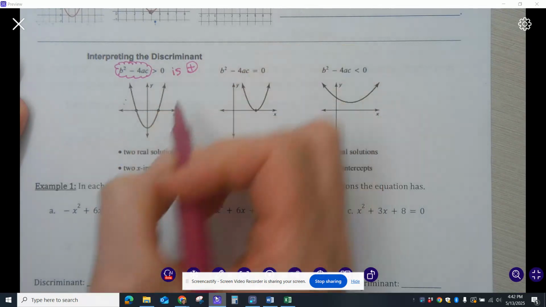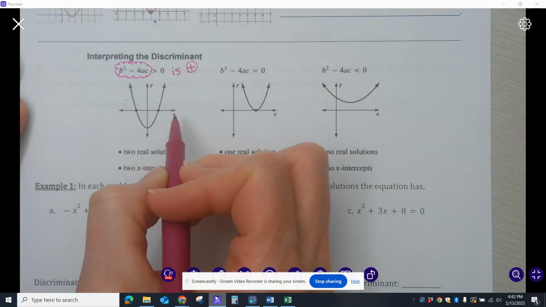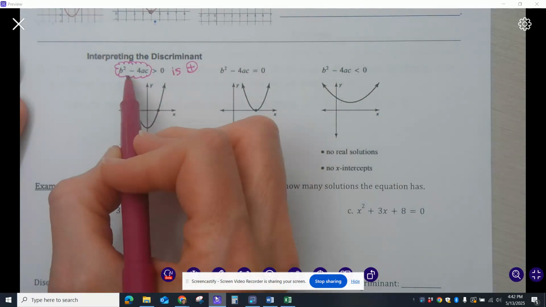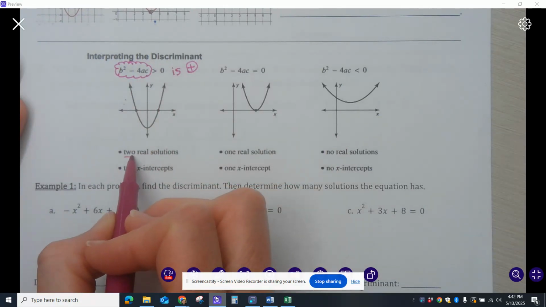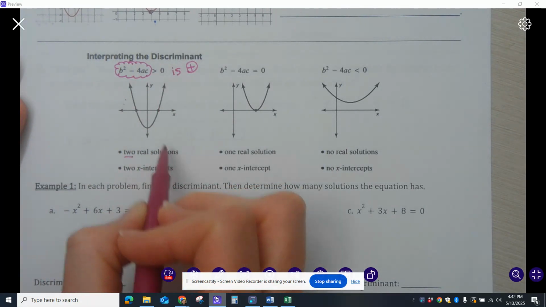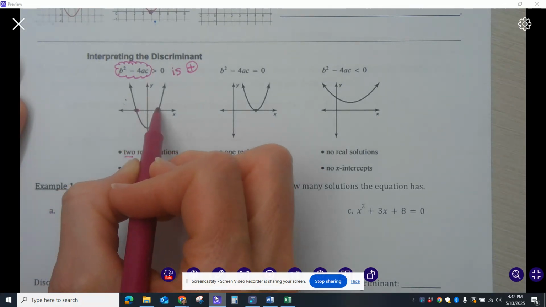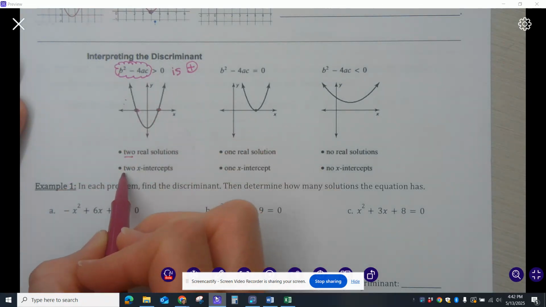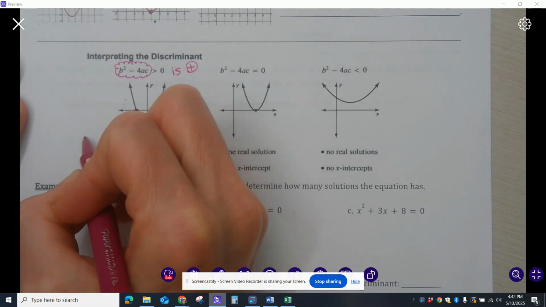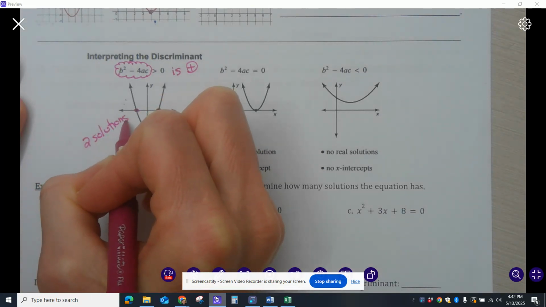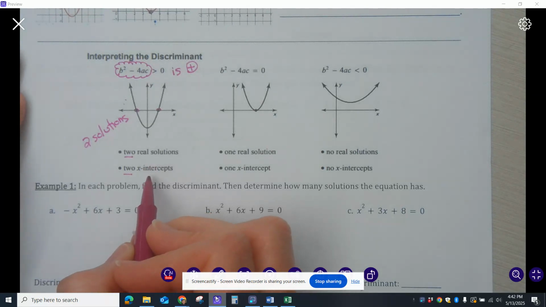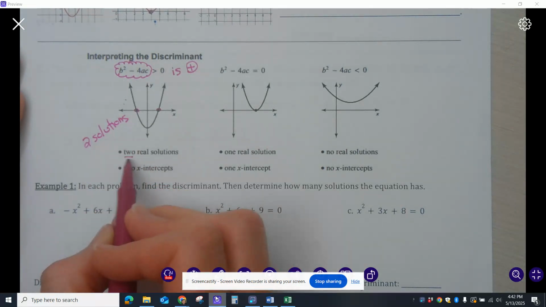You know, on the x-axis, all the numbers greater than 0 are positive. So this tells you if the discriminant is positive, you will have two real solutions. That just means they are actual x-intercepts that you can see. Two x-intercepts. So this is two solutions. Remember, we call those x-intercept solutions.